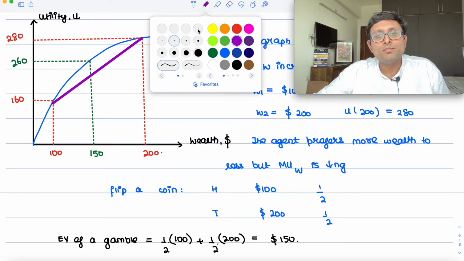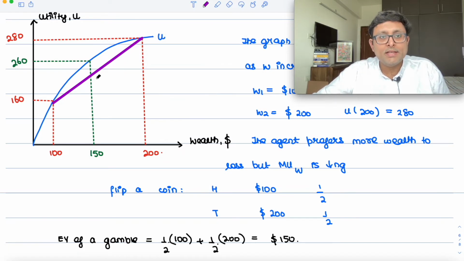Okay, so expected utility from this gamble is somewhere here. Expected utility is nothing but the average of the utility levels of the two outcomes, right? According to this gamble, it is lying somewhere in the middle of the chord joining these two outcomes.